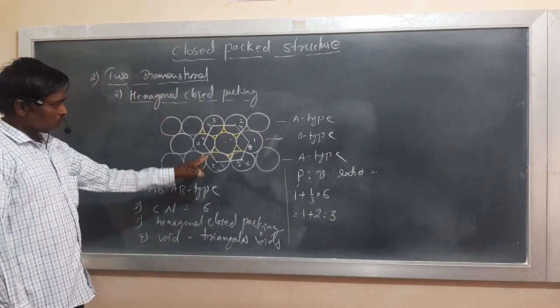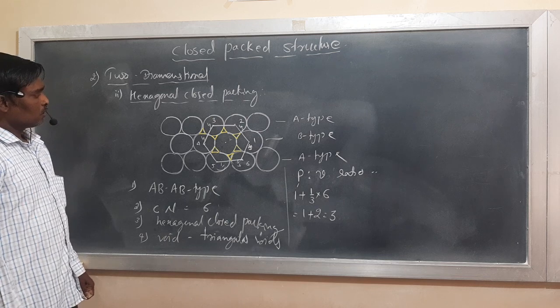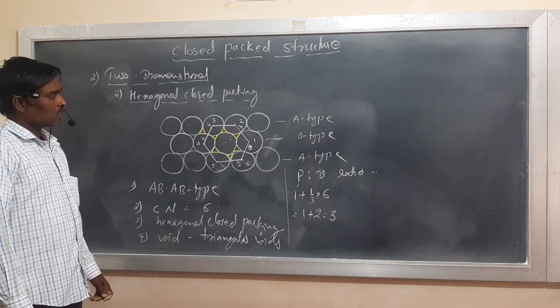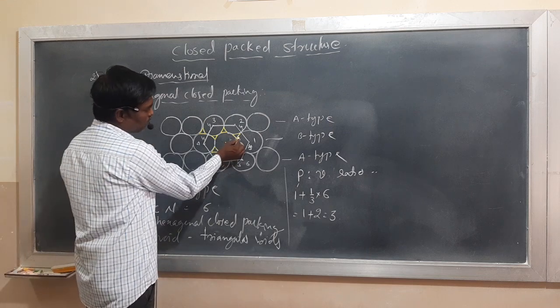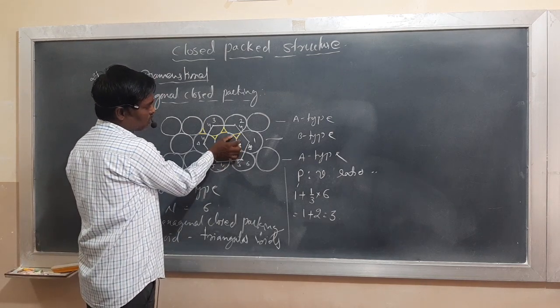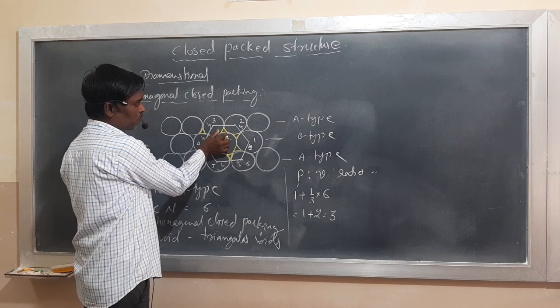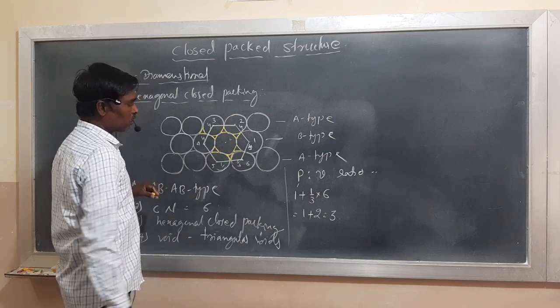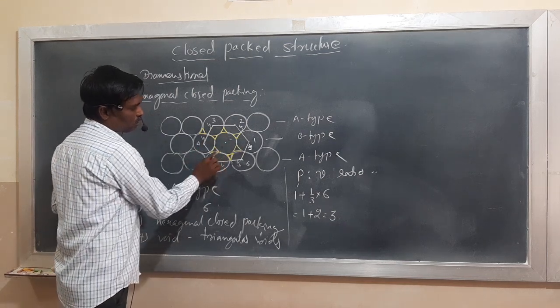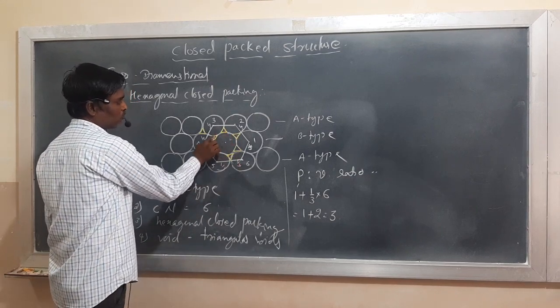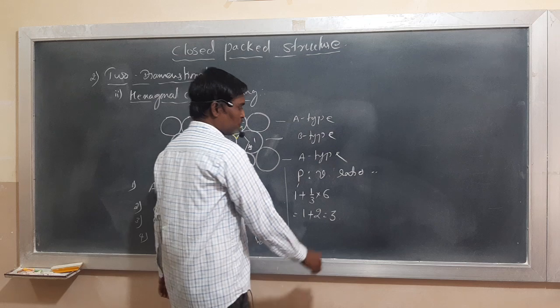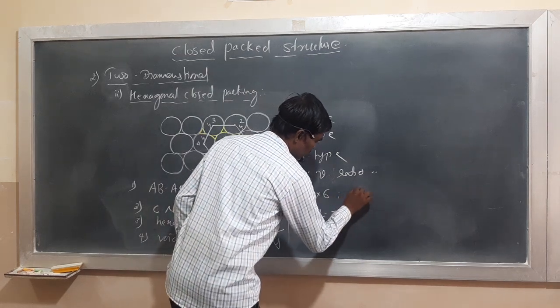Now the total number of voids. Let's check how many triangular voids are present in this hexagon. See, this is a complete triangular void present in this hexagon. Similarly, this is a complete triangular void. This is also a complete triangular void. So there are totally 6 triangular voids present in that hexagon: 1, 2, 3, 4, 5, 6. So the voids here are 6.